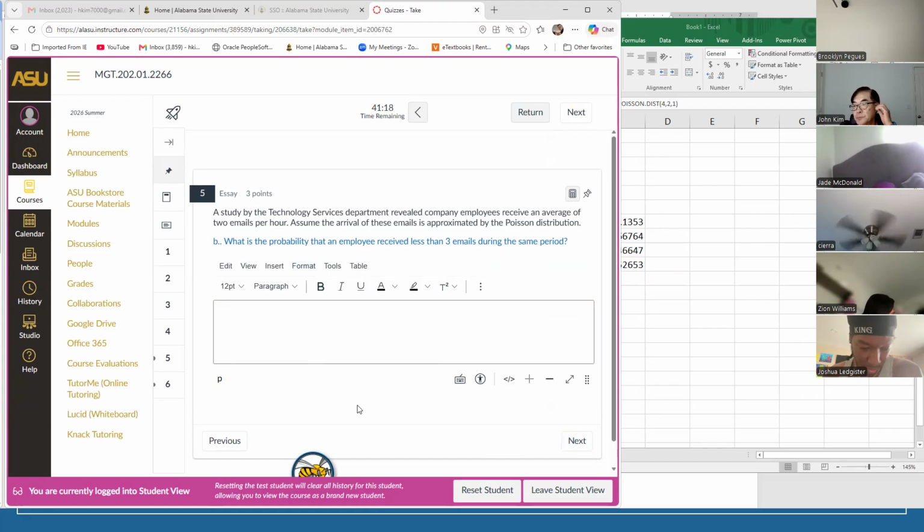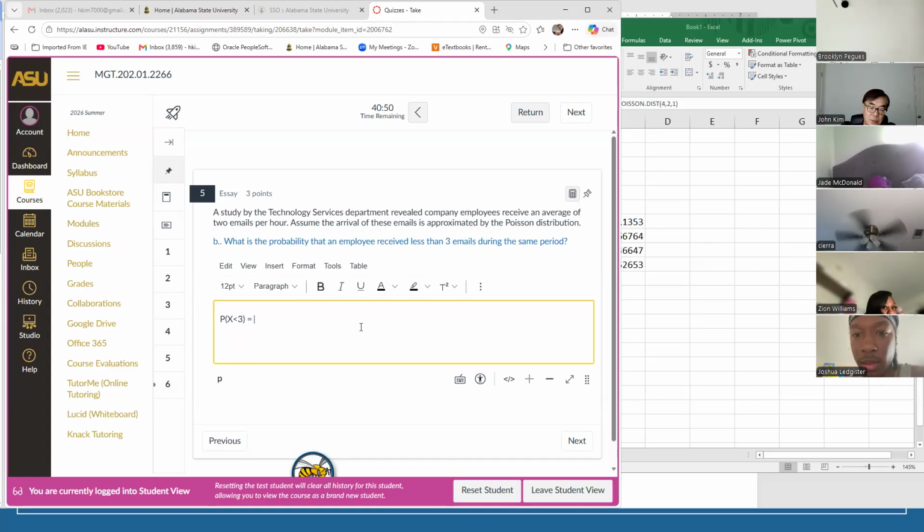Okay, now the same question. The average mu is 2. Then this one asks less than 3. So the probability that x is less than 3. It is simple.